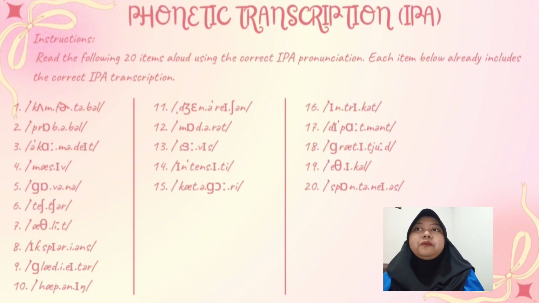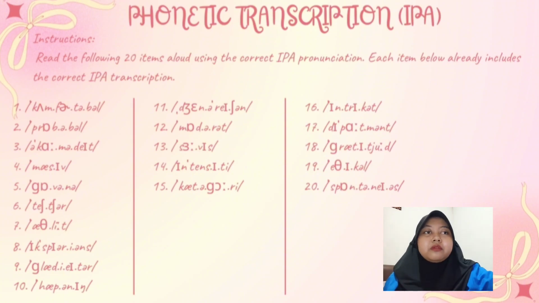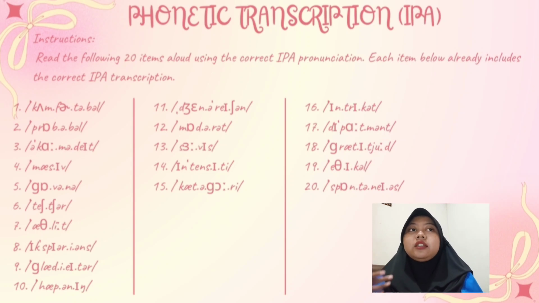Number 1. Comfortable. Probable. Accommodate. Massive. Go away. Teacher. Idea. Explanation. Gladiator.